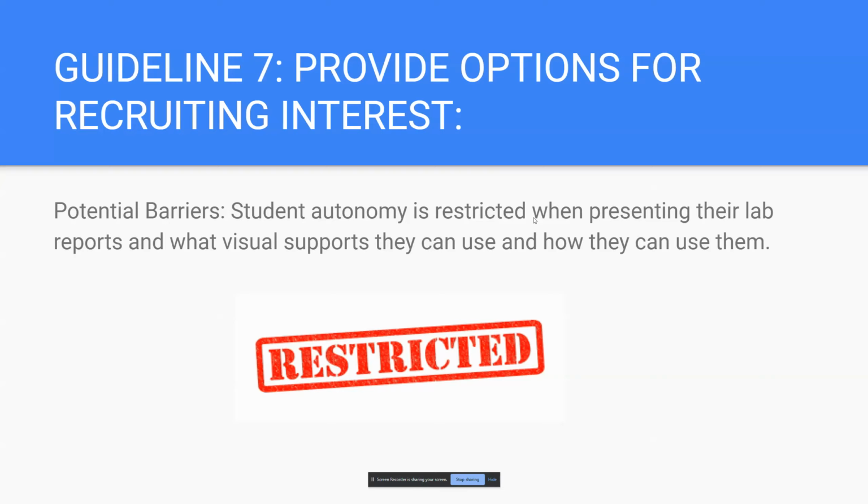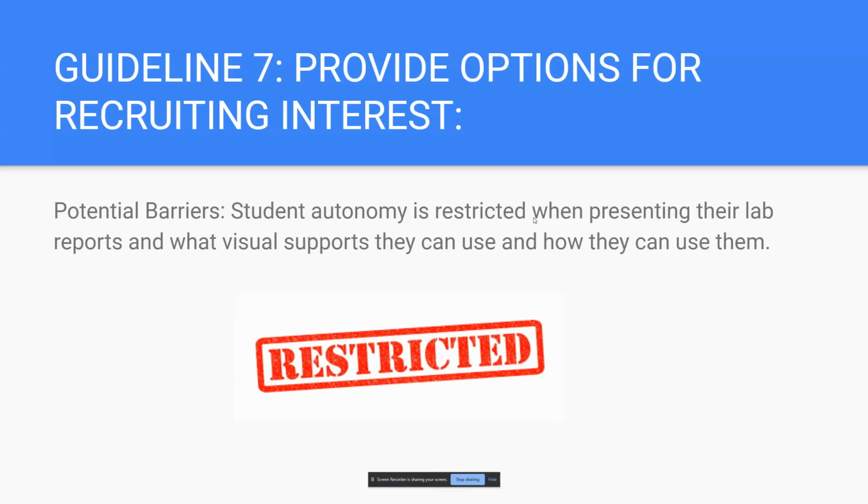And as far as choosing what visual supports they can use, I feel like when the students are going up to present their lab report, they shouldn't have to use a bar graph or a specific form.